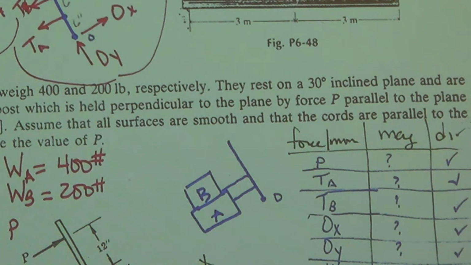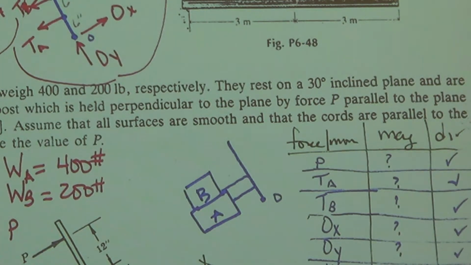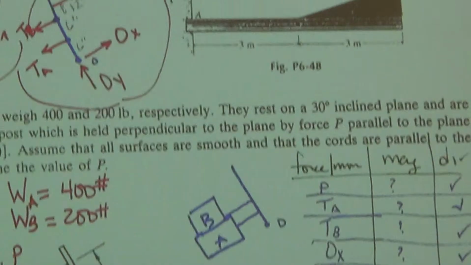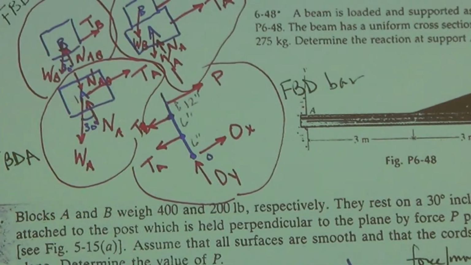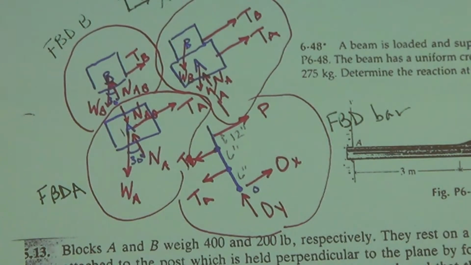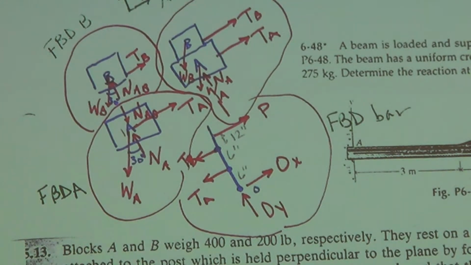But what other equations do we need to do in order to be able to solve for P using sum of the moments at O? We're going to have to find TA and TB, right? Okay, so can we find TA with one equation? How?